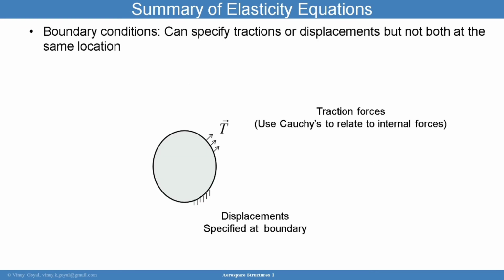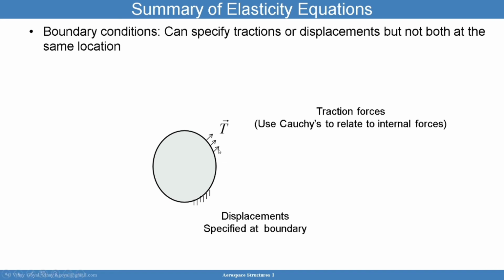We also talked about boundary conditions. We have this situation where we can apply traction forces on the surface of the body. It can be either pressure or tangential force like friction. And then we can apply kinematic boundary conditions, where deflections are fixed on the boundary, like a clamped condition.